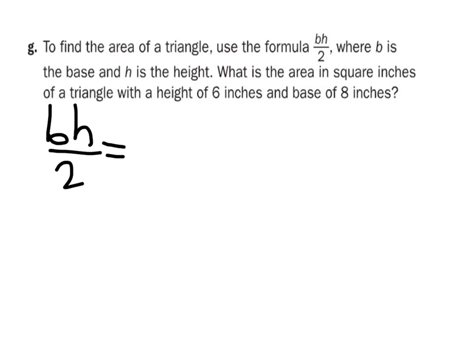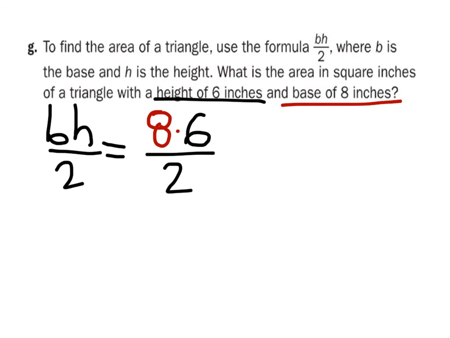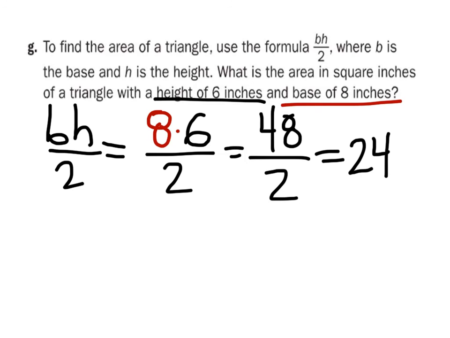H, which is height, is 6 inches, and the base is 8, so it's 8 times 6, divided by 2. 8 times 6 is 48, divided by 2 is 24. Now the answer is not 24. It's 24 inches squared.